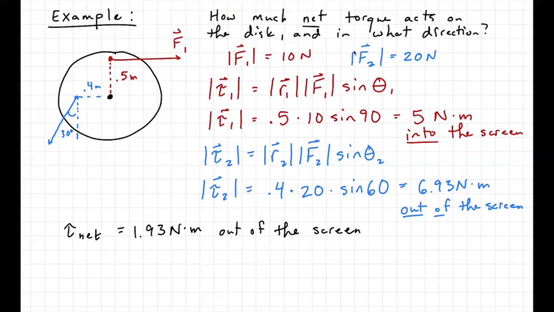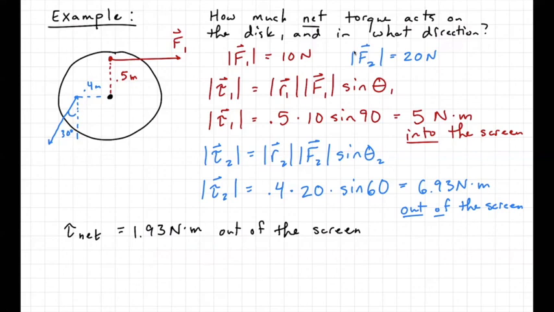Okay, what does this mean? What does it mean that the torque is out of the screen in this context? One way to think about the meaning of this direction physically is that the direction of the torque specifies the axis about which the torque is causing acceleration.